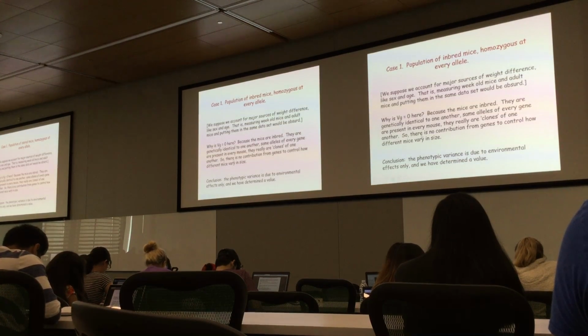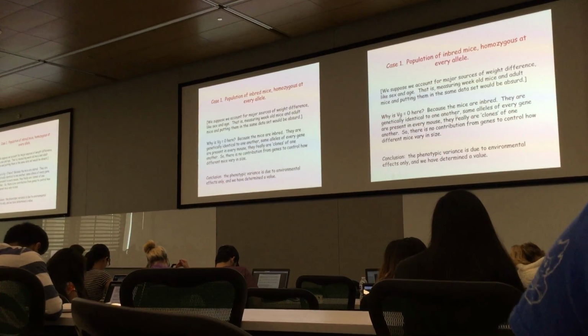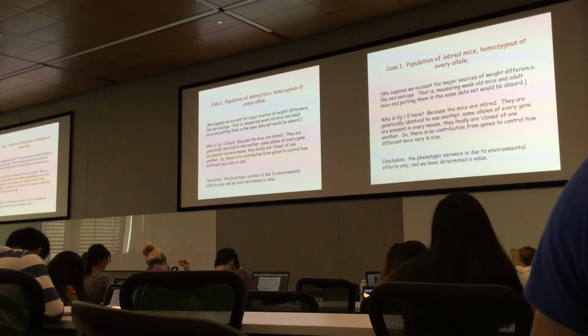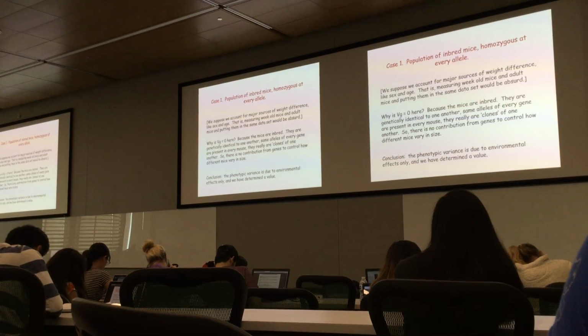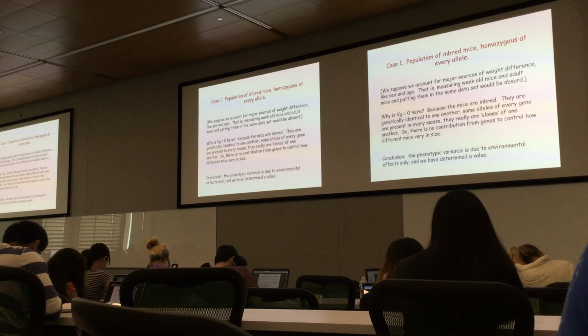So the conclusion for case 1 is the phenotypic variance that we measured must all be due to some environmental component. So even if they're grown in an animal facility in cages and you control as much as possible, still there's going to be effects of lighting and night and day cycles and food and all this stuff that's going to slightly influence weight range.